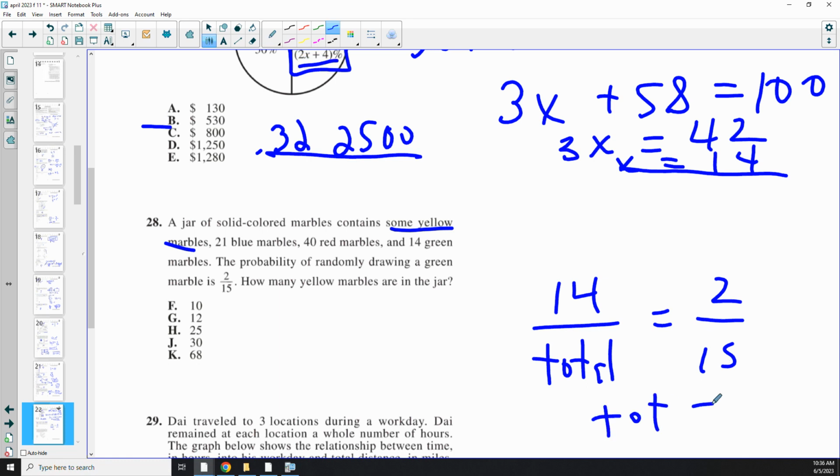So the total is 105. So now you just have to subtract the ones you know. 105 minus 21 minus 40 minus 14 gives me 30 for the yellows.